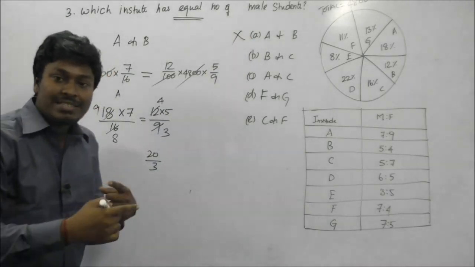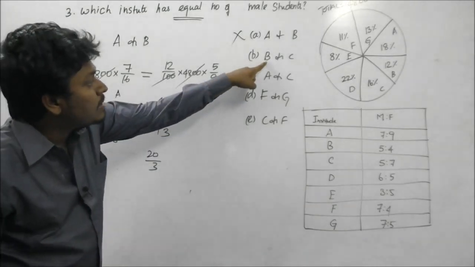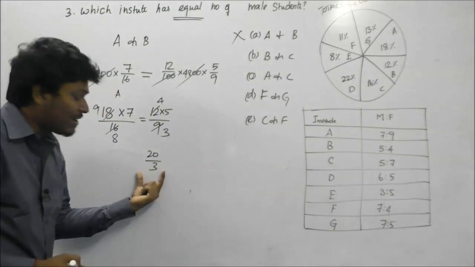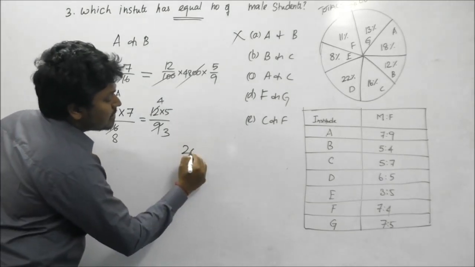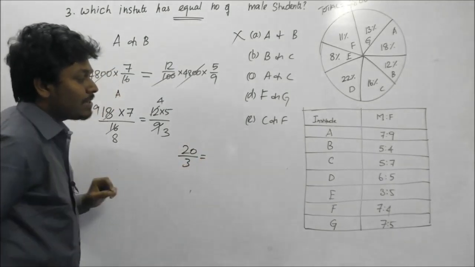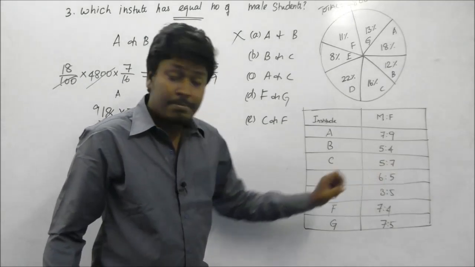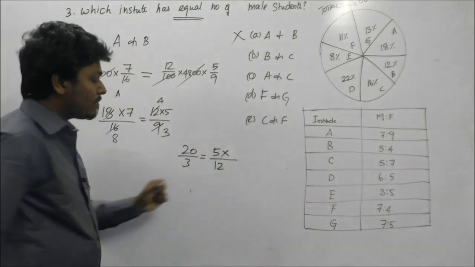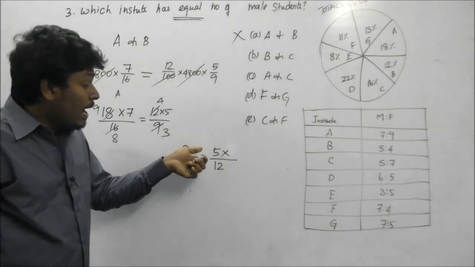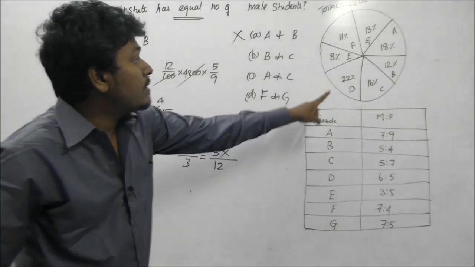Friends, go for the second option. See here, the second option is B and C. We have already calculated B, so why waste your time? Keep 20 by 3 as it is, which is B. Go directly to C. Where is the C ratio? 5 divided by 12, right? We have directly got the male ratio. And another thing, what is the C percentage here?